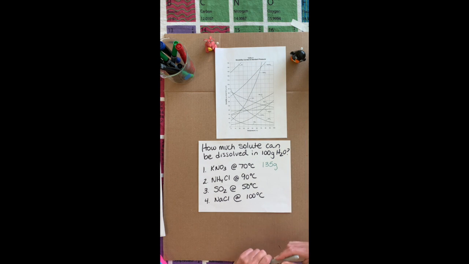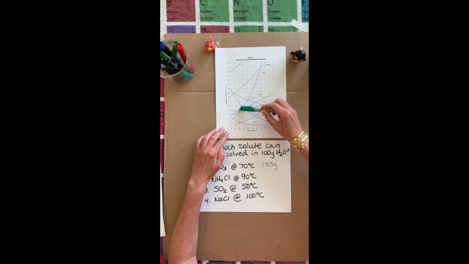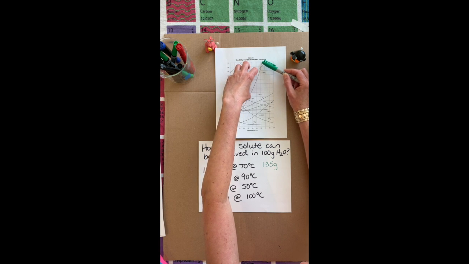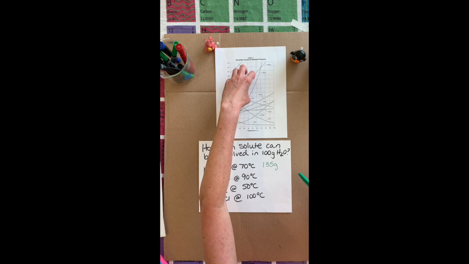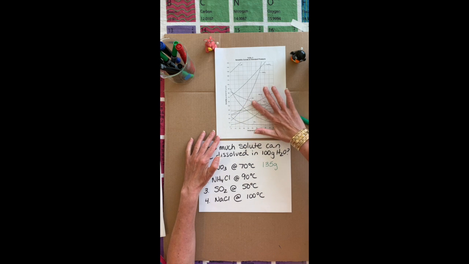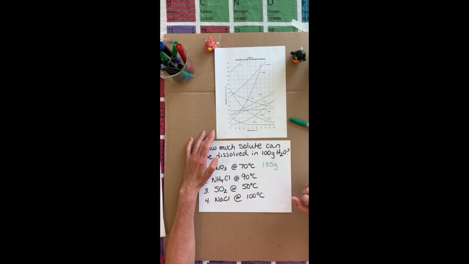In fact, if we look at this curve for potassium nitrate, any conditions that fall above that curve would be a supersaturated solution of potassium nitrate. Likewise, any conditions below that curve would be unsaturated.